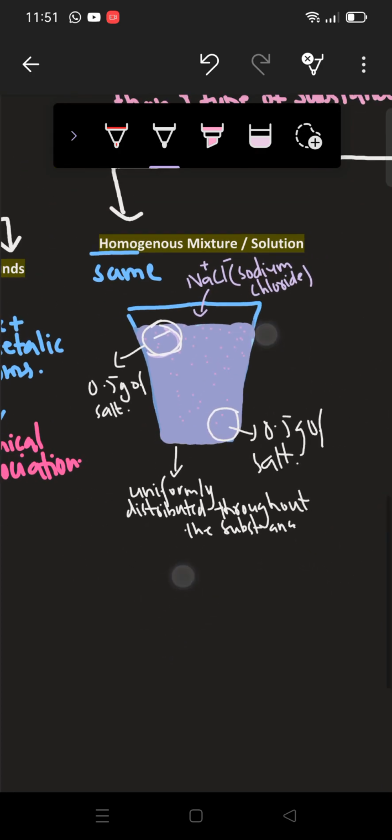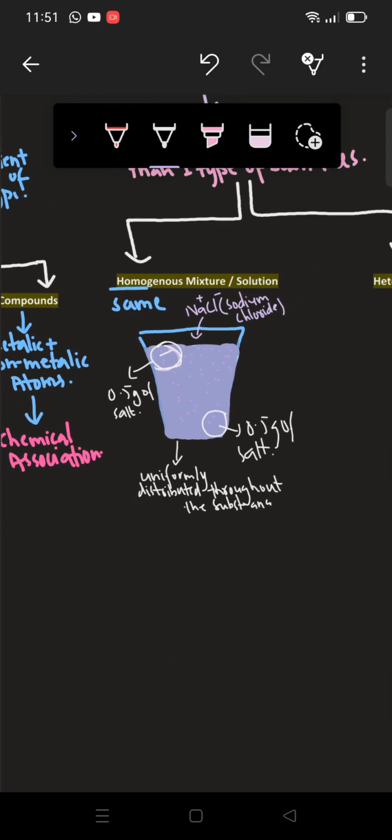Alright, so here salt is uniformly distributed in entire water. So this is what we call the homogeneous mixture, and this is known as solution too. Just because salt is dissolved into the water, that's why this is known as solution.